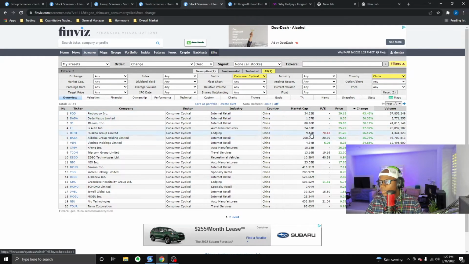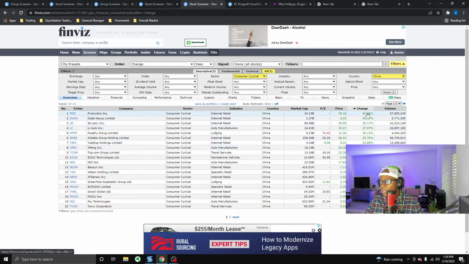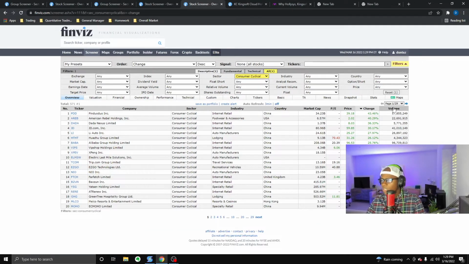They're all $1 billion caps, and the percentages are stable. Now we take off the country and we put in any country and see where does it line up compared to the other ones when we do volume and change.